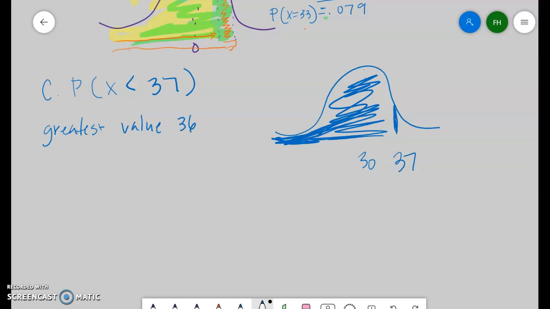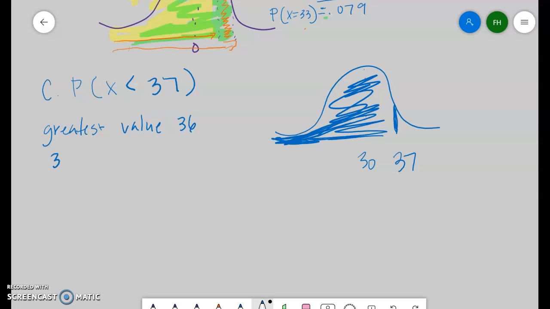Now here's the rule. If your left boundary goes on forever, then you don't have to do the interval for the left and for the right. But for your right boundary, it's going to stop at 36. But remember, for right boundaries, we're going to add 0.5 to it. For left boundaries, we would subtract 0.5. But we don't have a left boundary here.